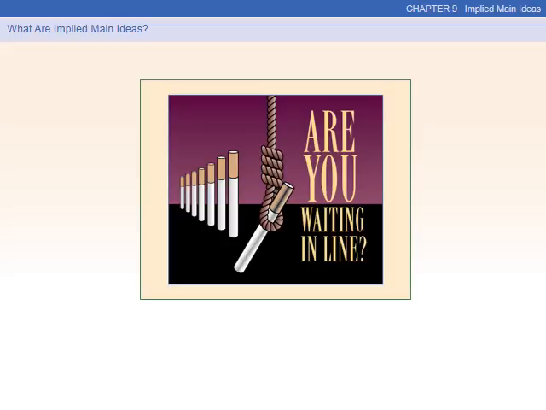Here, if we're taking a look at this advertisement, it says, "Are you waiting in line?" Now, there's nothing there that says what the main idea is, but if we look at all the information there, we can get an idea. One thing we see is a line of cigarettes, and the first cigarette in the line is in a noose, and we know that a noose is used to kill people.